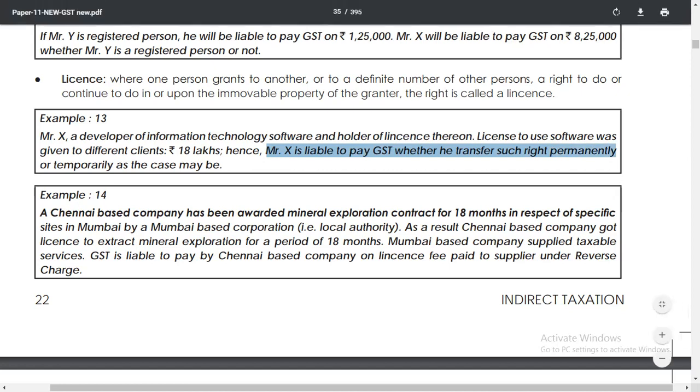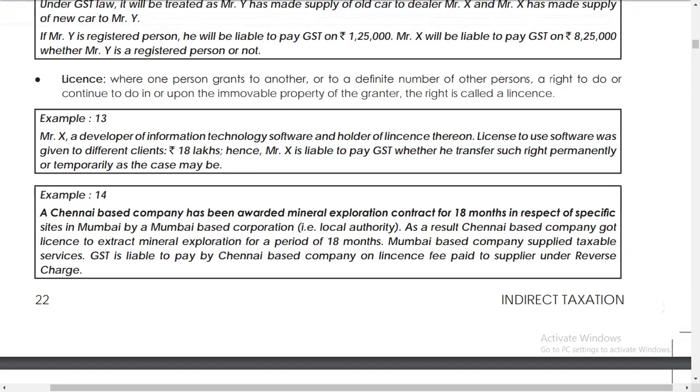Now we'll go to example 14. You can see here example 14. A Chennai based company has been awarded a mineral exploration contract for 18 months in respect of specific sites in Mumbai by a Mumbai based municipal corporation, that is, a local authority.